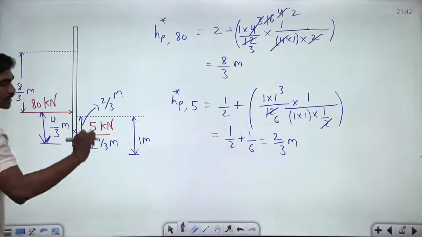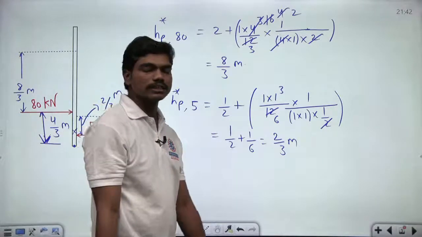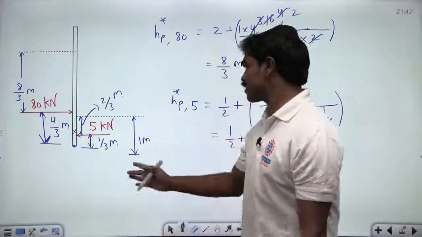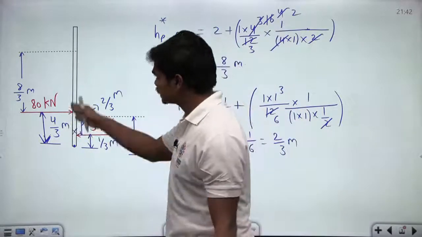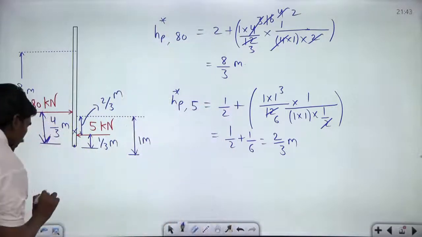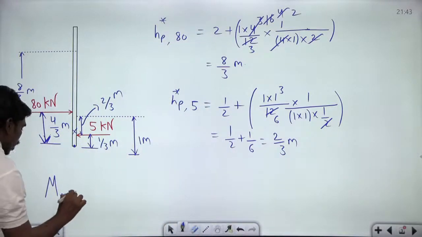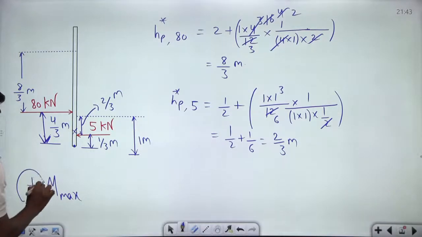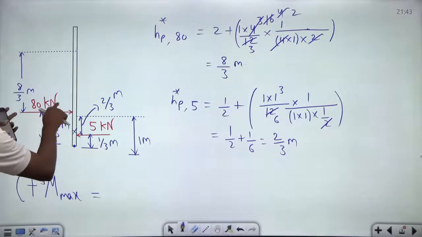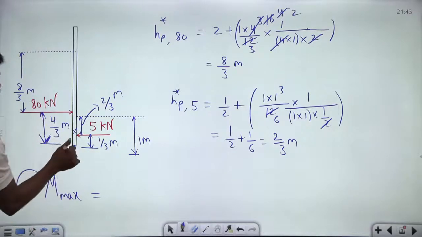Correct? So now they are asking you for the maximum bending moment at this cantilever. So the maximum bending moment is always at the fixed support. So definitely if you calculate the bending moment on this cantilever because of these two forces about this point, then M max, and of course let us suppose if I take the clockwise as positive, so M max, the bending moment in the positive direction, is equal to, look, this creates a positive rotation about this hinge.